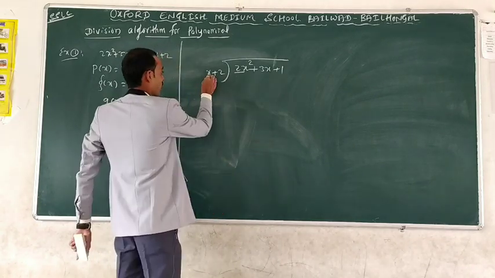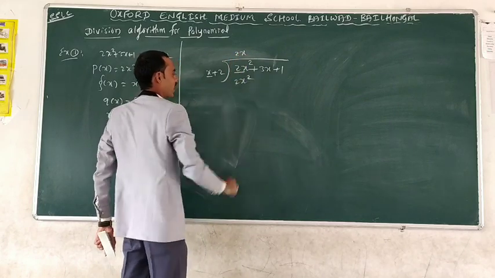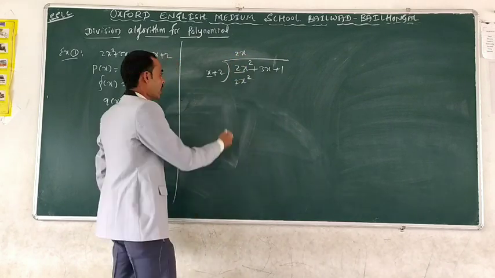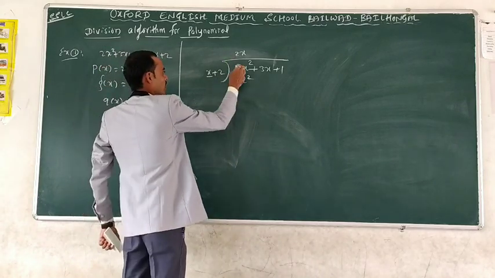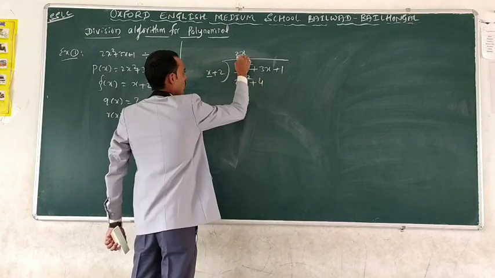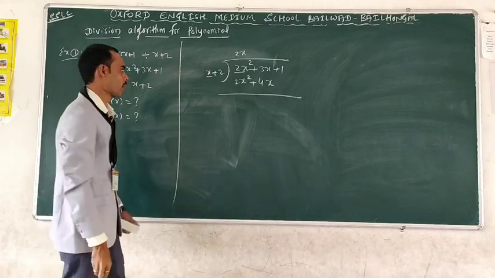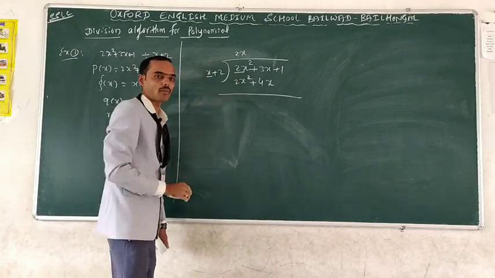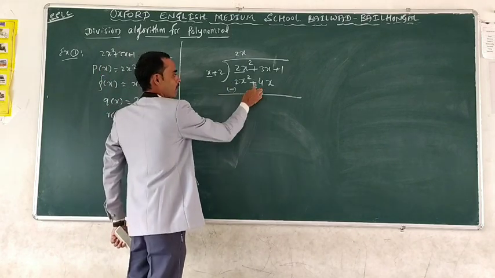We multiply x by 2x, which becomes 2x square. Never mind the next term, just multiply as it is: 2 2s are 4x. In division problems, you always have to subtract, so plus becomes minus.